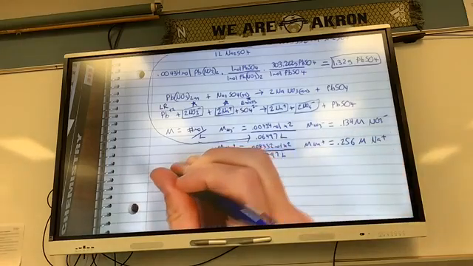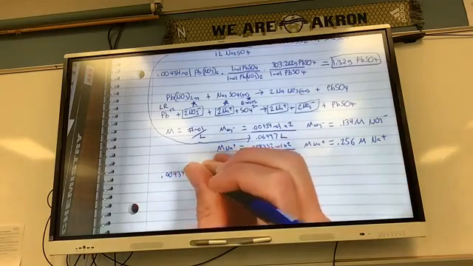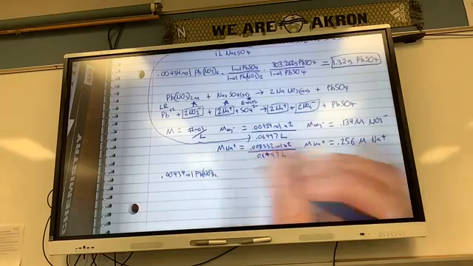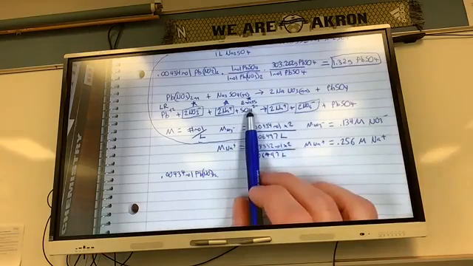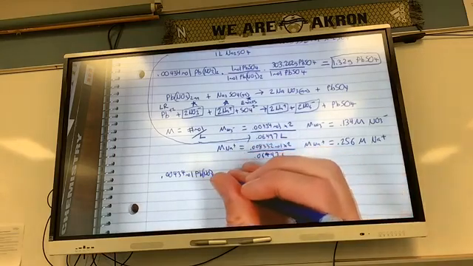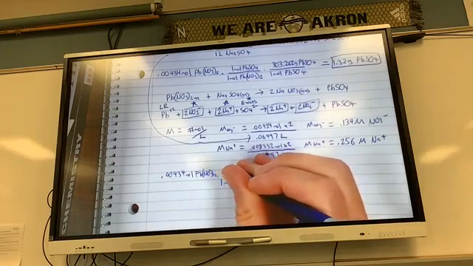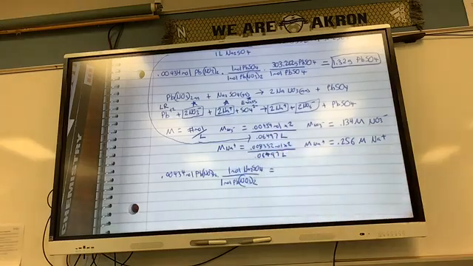So 0.00434 moles of Pb(NO3)2. I have to run that to the excess, which is Na2SO4, right? So stoich step, 1 mole of Pb(NO3)2 is to 1 mole of Na2SO4.